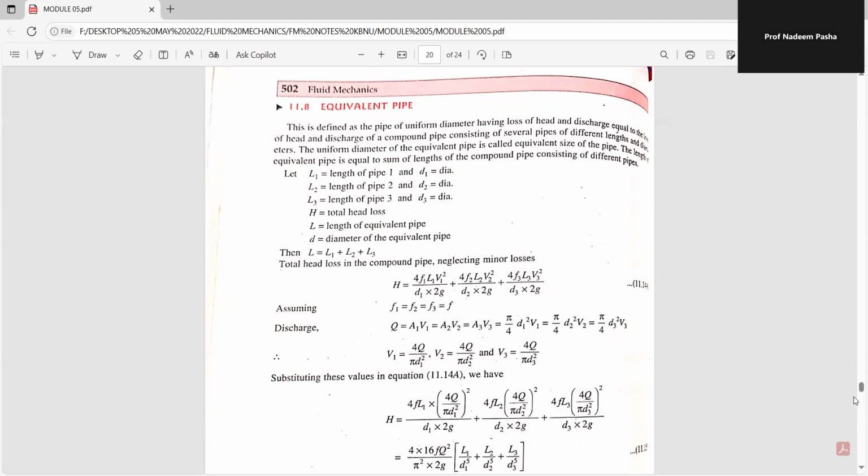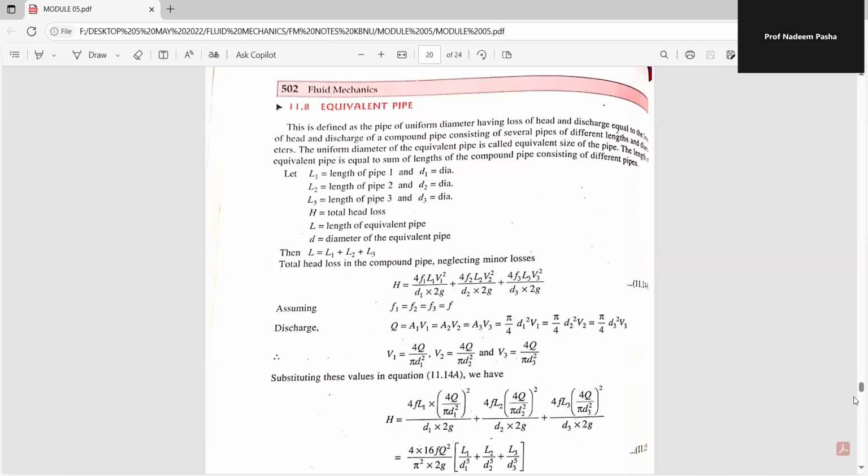As you know, in compound pipes, different pipes of different length and diameter are connected end to end. The loss of head in the compound pipe is equal to the loss of head in the equivalent pipe. Now let L1 be the length of pipe 1 and D1 the diameter of pipe 1.